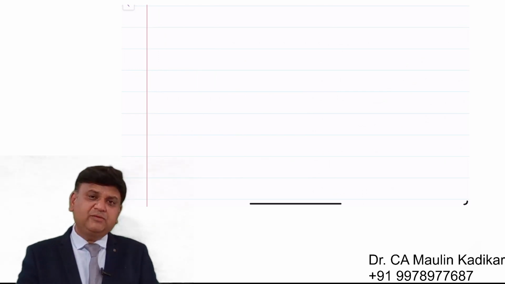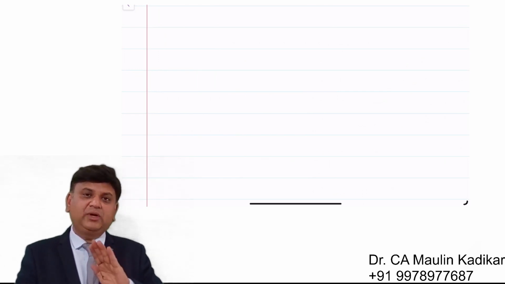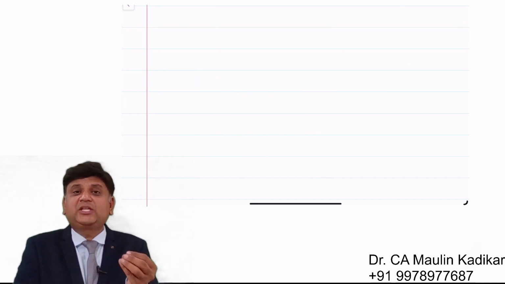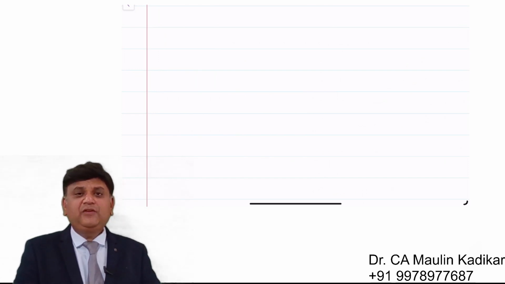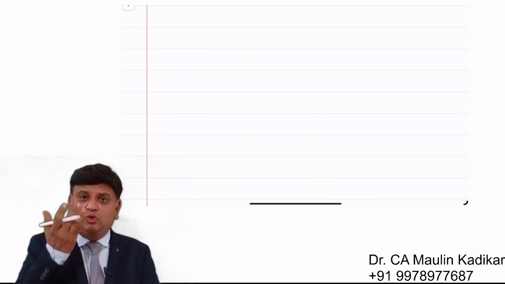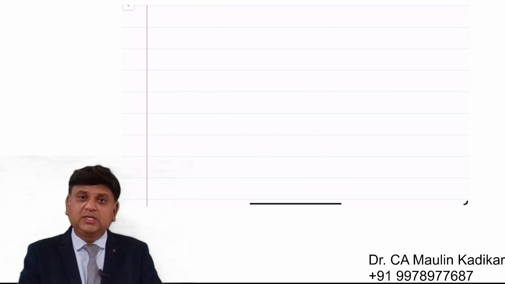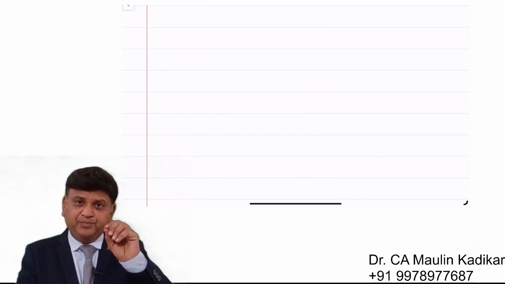But importantly, what I want to tell you friends is that initially we are going to understand the transactions from speculative point of view, that is how can you encash your expectation. If at all I am expecting that the price of the equity share is going to go up, then in that case how will I make the profit from that situation.